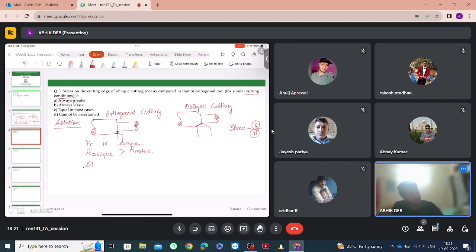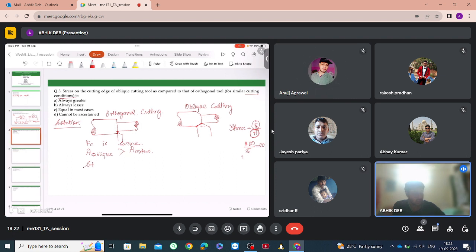You tell me, if the denominator is larger, then this value will be smaller. Suppose force is 100 and area for orthogonal cutting is 5 mm. Then the stress value will be what for orthogonal cutting? 20.